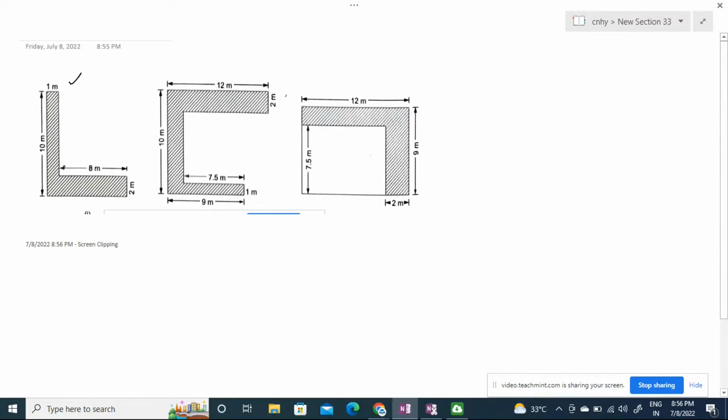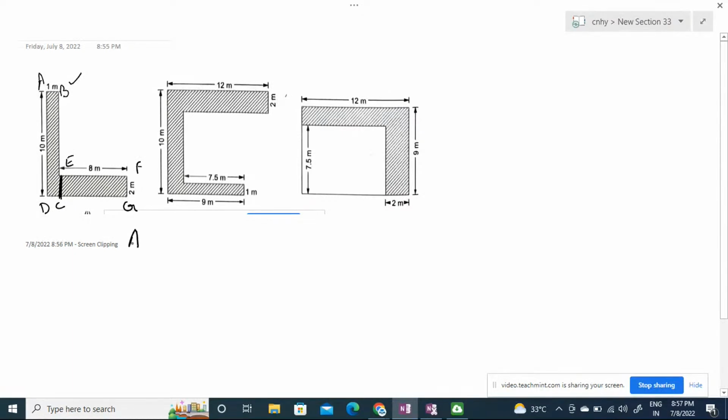Here we can break these figures into different rectangles and squares. We can break from here or from here. I will break from here. Now let it be A, B, C, D, E, F, G. Now there are two portions.